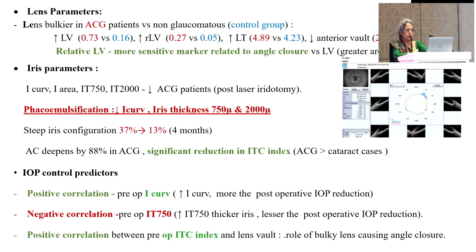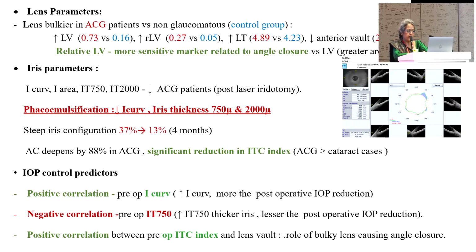Relative lens vault is a more sensitive marker related to angle closure. Iris parameters after phacoemulsification, not only does the iris curve reduce, but the iris thickness also reduces. The steep iris configuration from 37% pre-op reduced to 13%, and as expected, there was a significant reduction in the ITC index in the ACG cases.